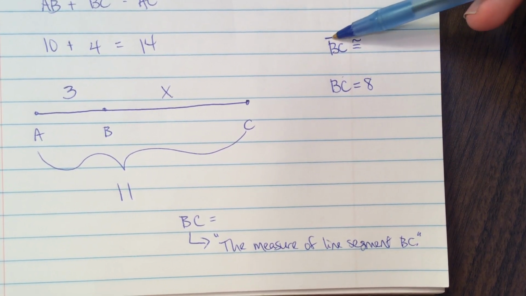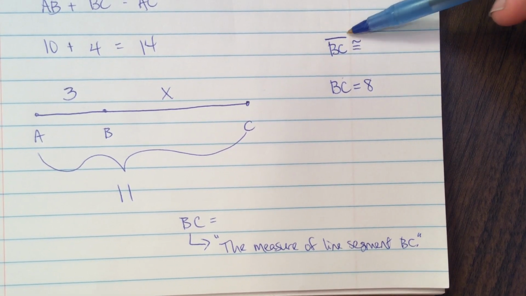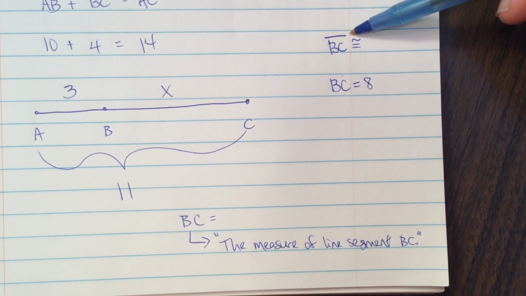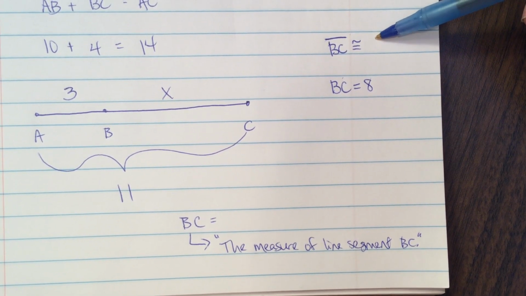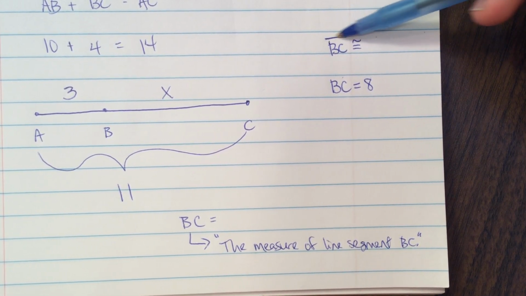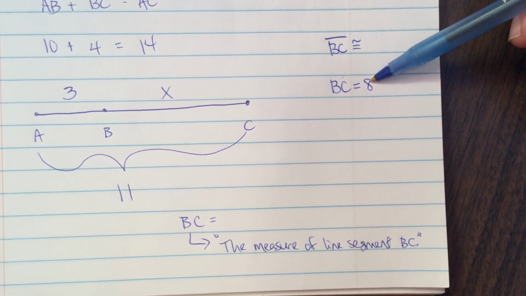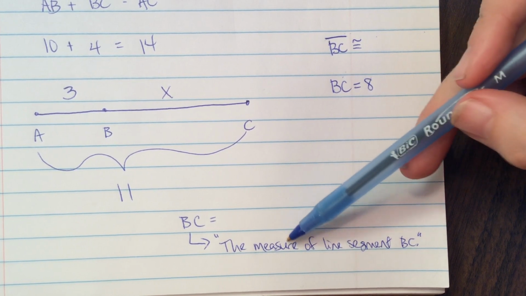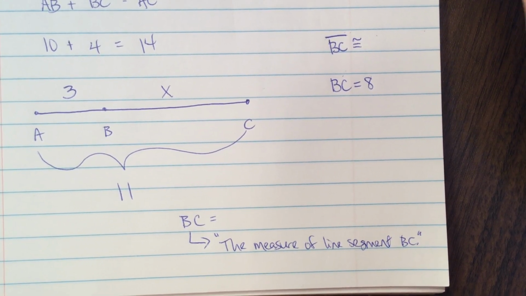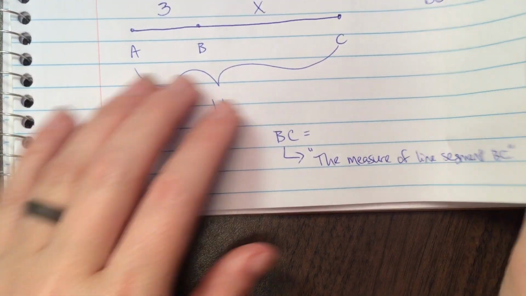You're talking about line segment BC as if you're talking about whether or not it's congruent to another line segment when you put a line over it. When you don't put a line over it, now you're talking about its numeric value. You're talking about the measure. So just keep that in mind. All right, let's keep going.